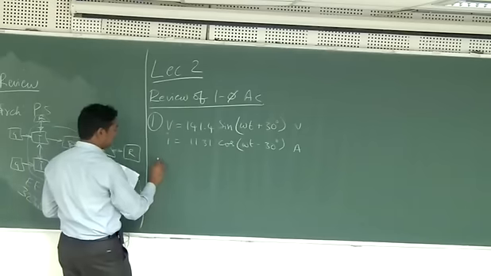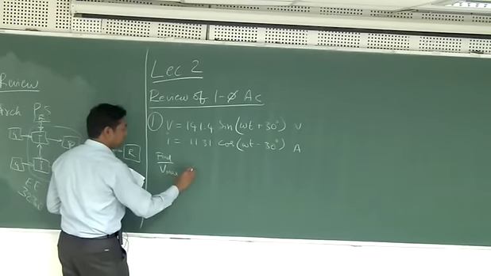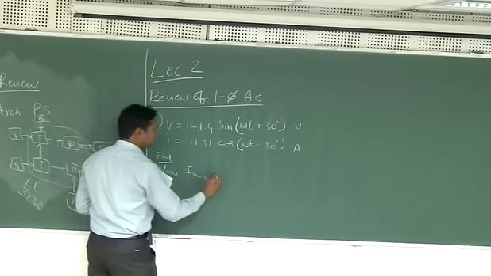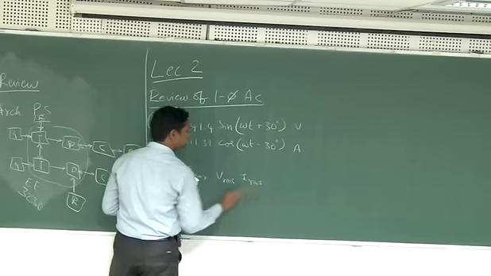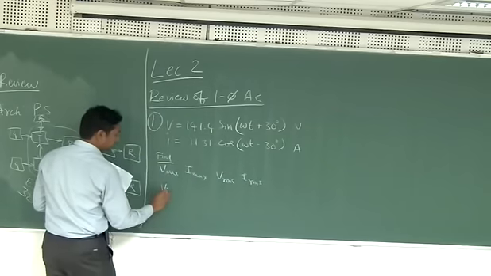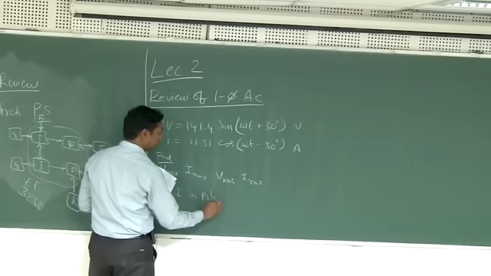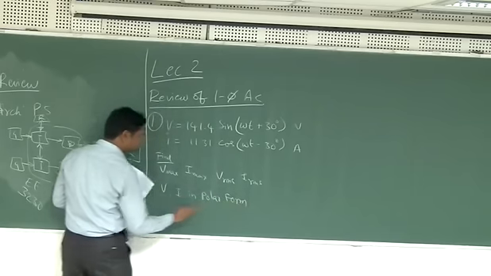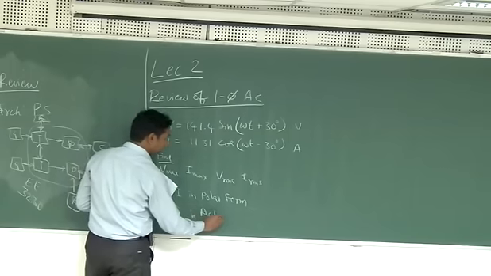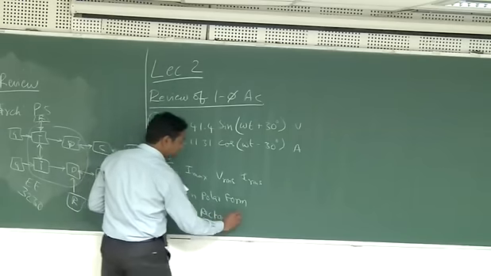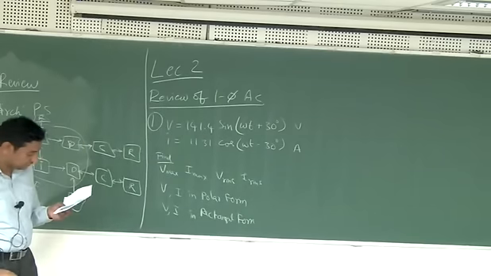The question is like this: find V maximum, I maximum, VRMS, IRMS, and then V comma I in polar form, V comma I in rectangular form.